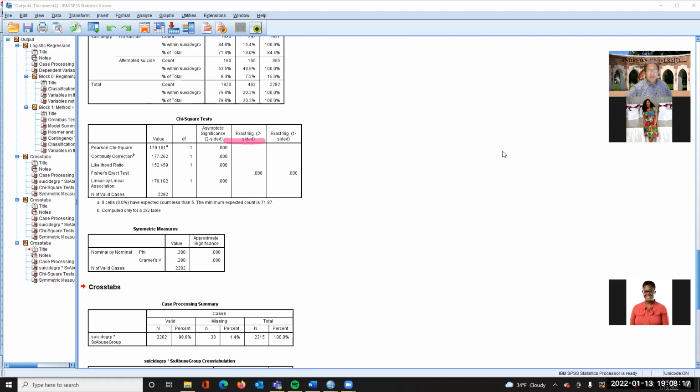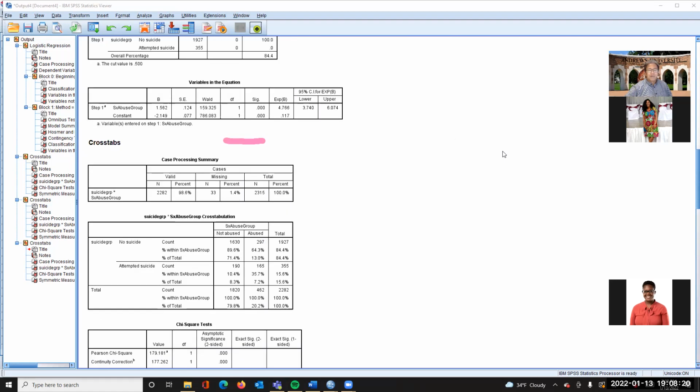So here you see that the proportion of people who attempted suicide that have been abused are approximately 3.5 times, at least in these actual observations. But remember, we are doing prediction here, and that's why the odds ratio is slightly more.